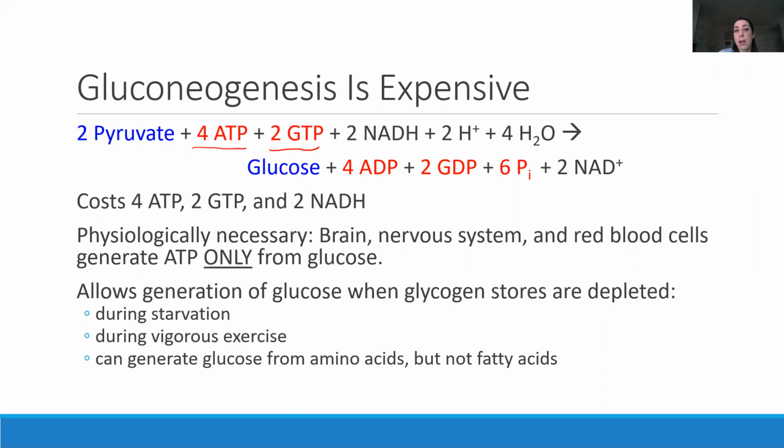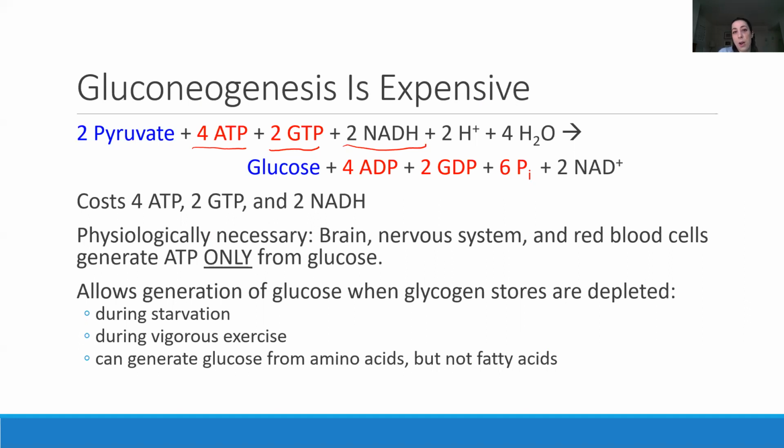It also has to use 2 GTP. Remember that these steps in gluconeogenesis that take our pyruvate and make it back into PEP require a GTP per pyruvate, right? So for 2 pyruvates, we need 2 GTPs. Remember also in our reverse steps that in glycolysis, we actually were going to generate 2 NADH. So in gluconeogenesis, we use 2 NADH and convert it into 2 NAD.